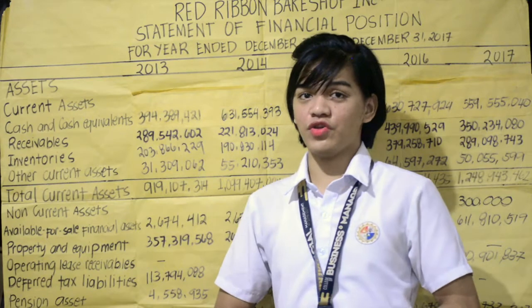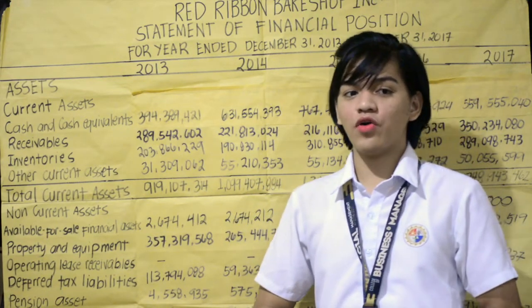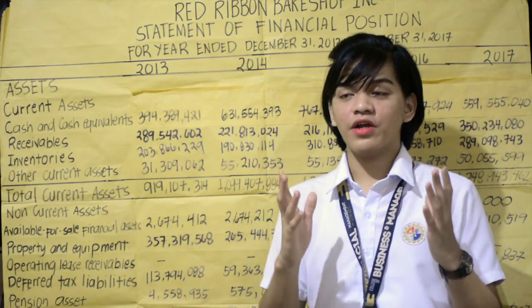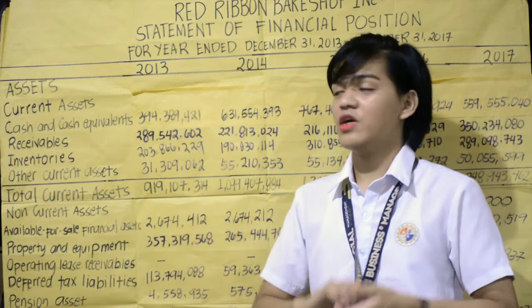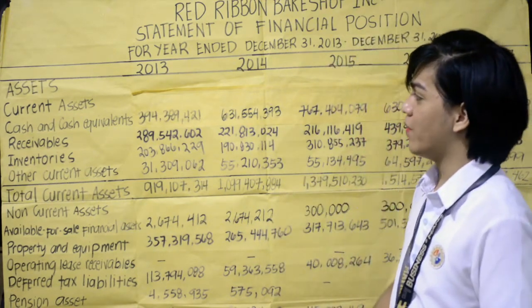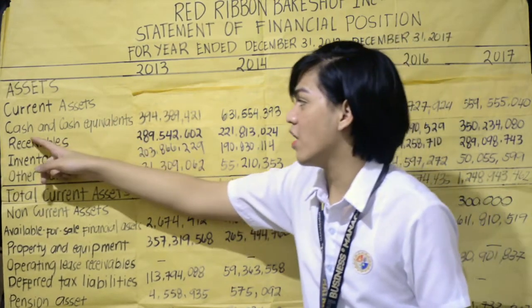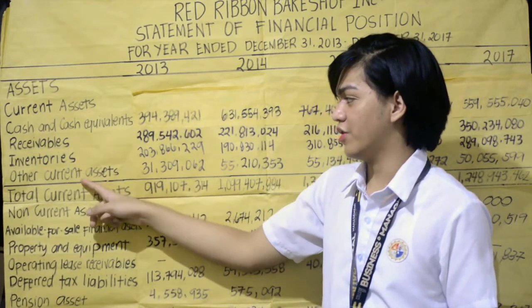The asset section is listed according to their liquidity or how they are convertible into cash. See, for my example, I have here the current assets listed: the cash and cash equivalents, receivables, inventories, other current assets.